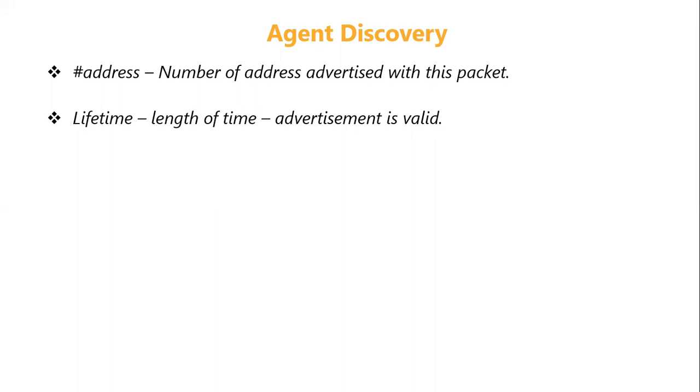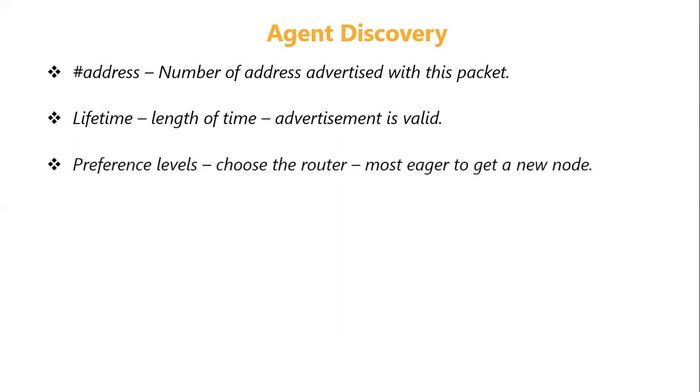Also, there is a preference level for each address, to help a node choose the router that is the best one to get a new node. Basically, preference is used to identify the right router.